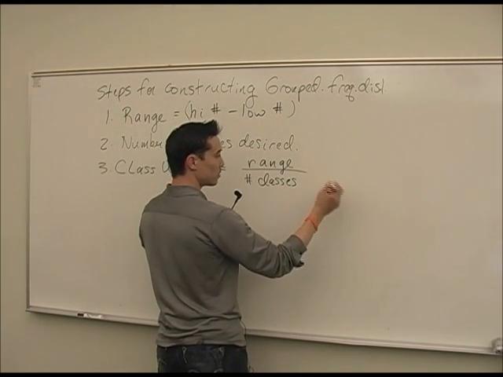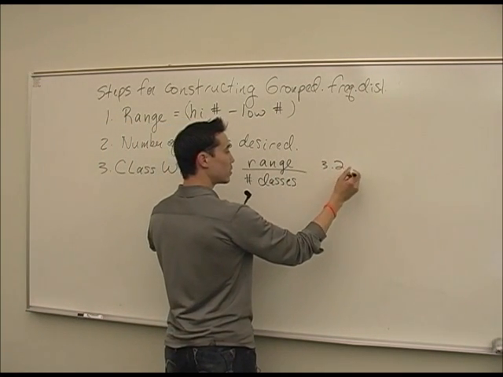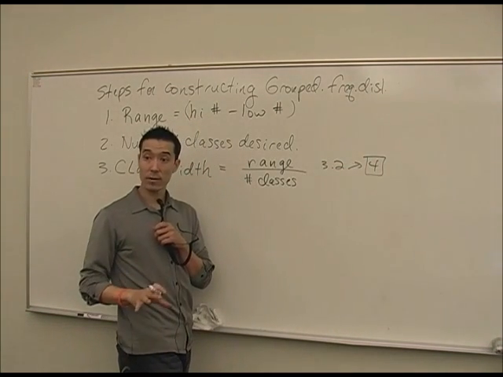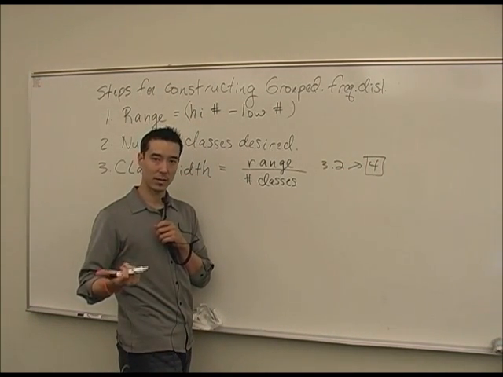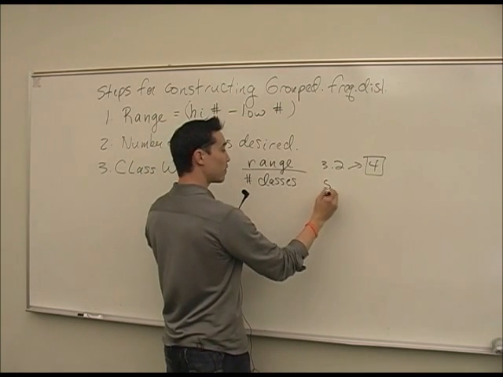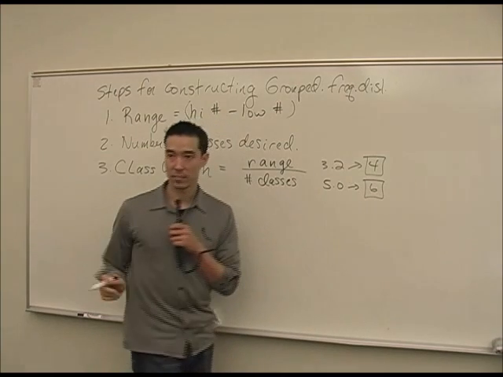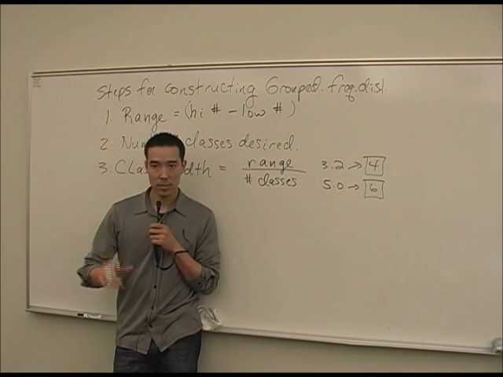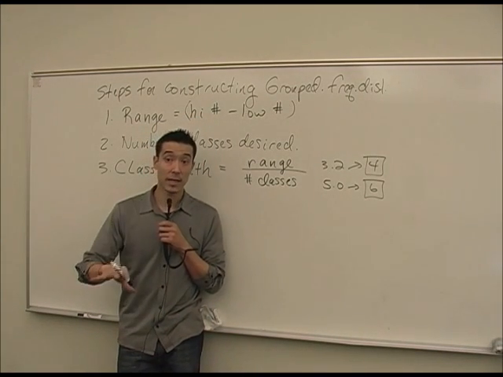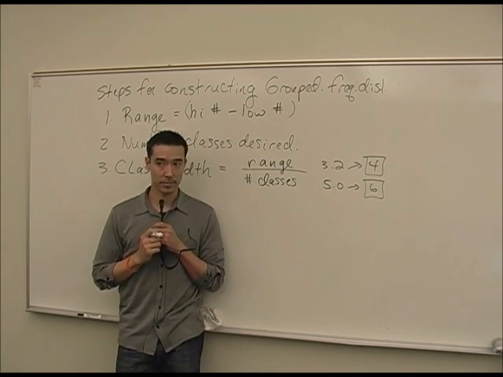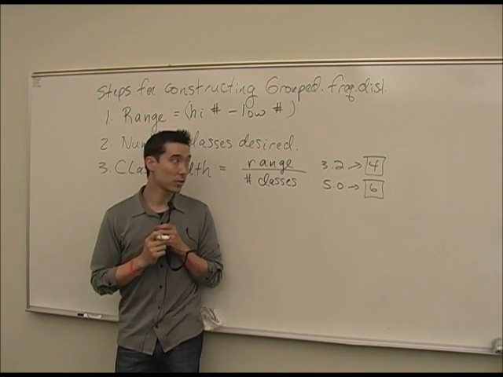Whatever this comes out to, let's say it comes out to 3.2, we're going to round it up to 4. If it comes out to 5.0, you're going to round it up to 6. So if it comes out to a whole number, bump to the next whole number. If it comes out to any decimal at all, round it up to the next whole number. That's what we do. Make sure to do that.